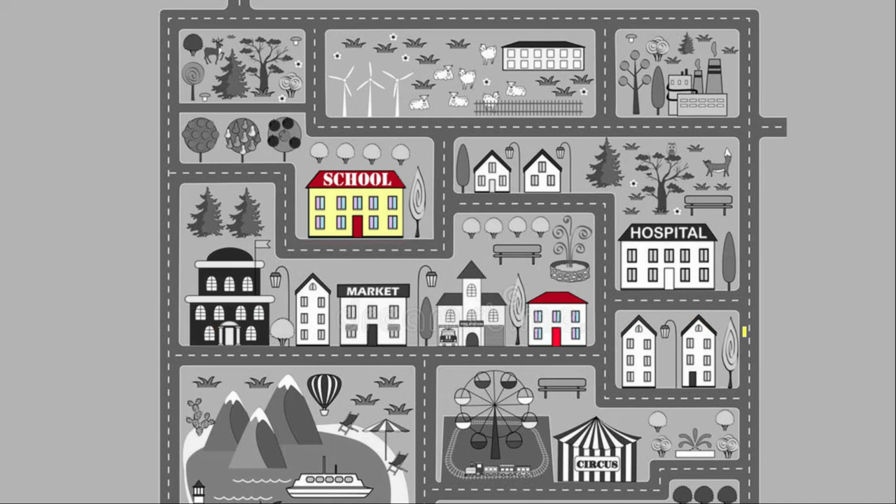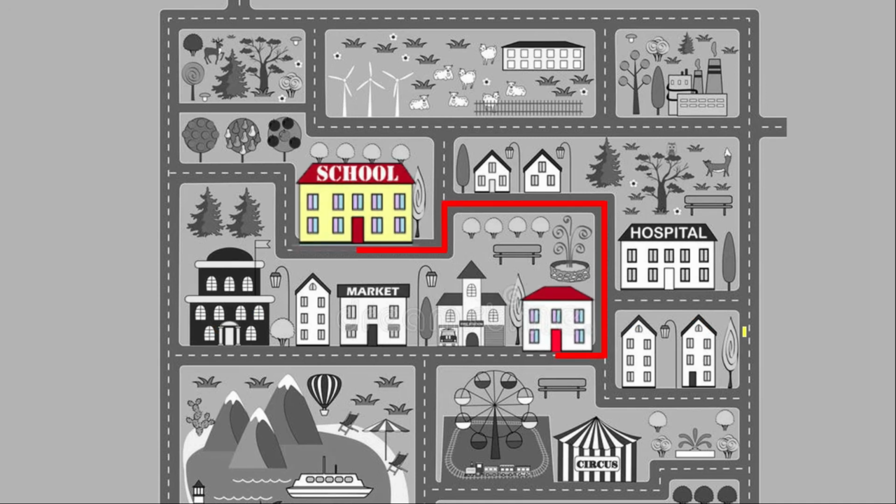So suppose if you are going to your school from your house, taking this route, then the distance you traveled is basically the total length of this path that you took. Let's say the distance is 3 kilometers.